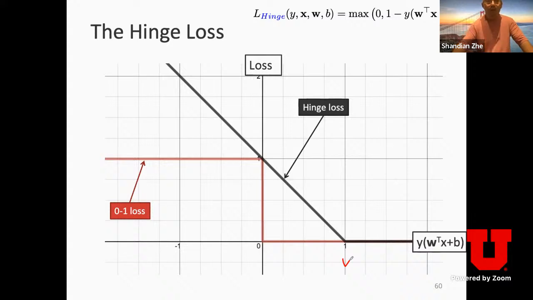When your function margin is negative, in this region, you receive a relatively large penalty because you make a wrong prediction. But in the middle region, your function margin is positive, meaning you are able to correctly classify this example, but your example is too close to the hyperplane. Then you still receive some penalty. This is the property of the hinge loss.